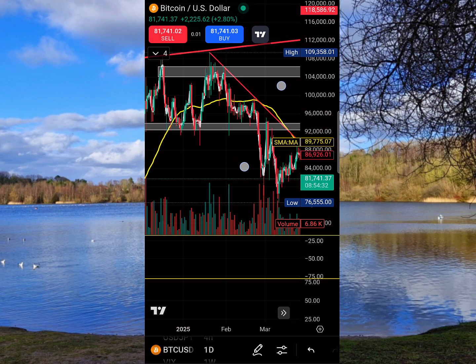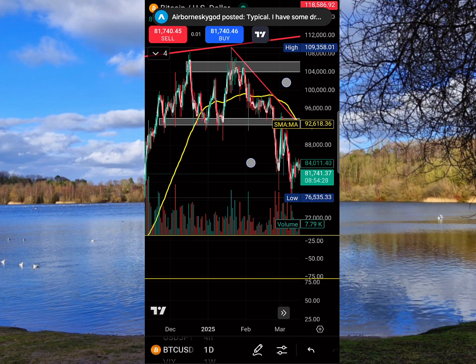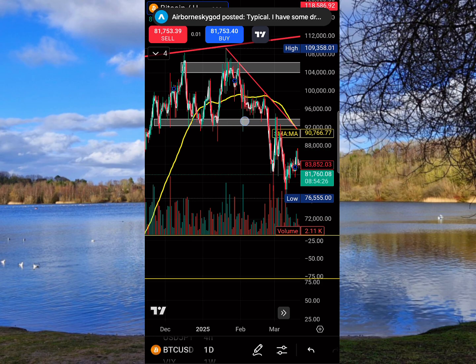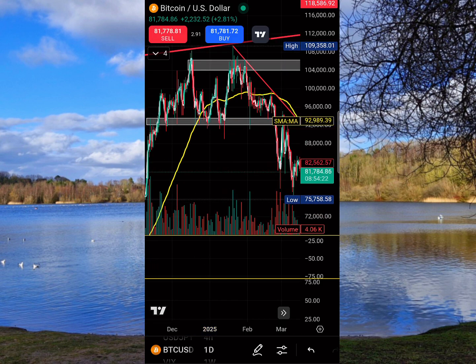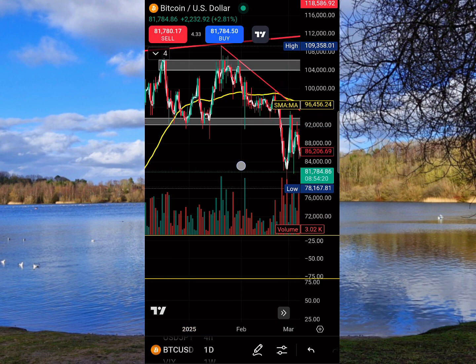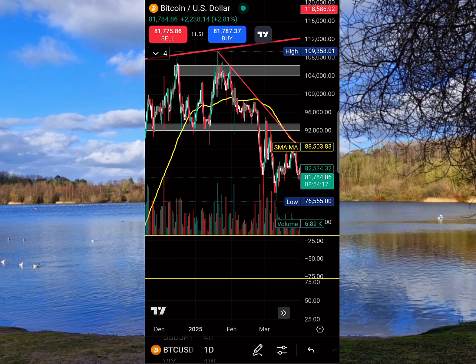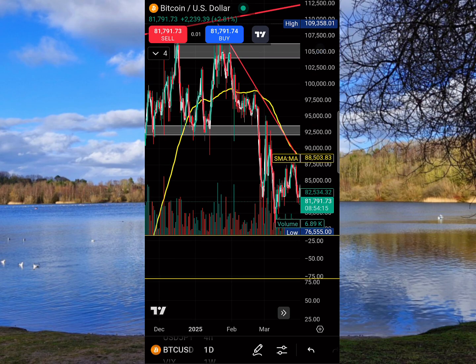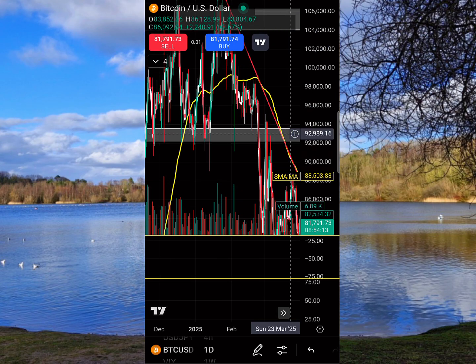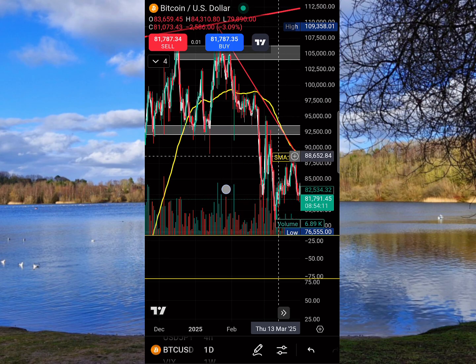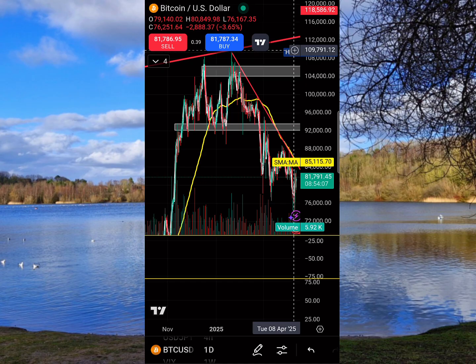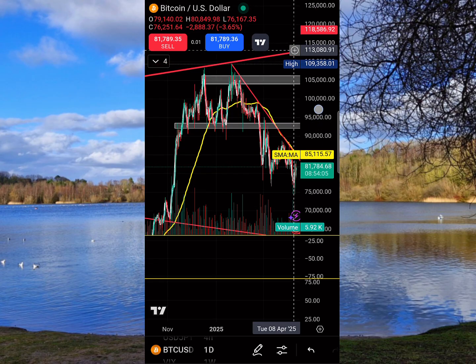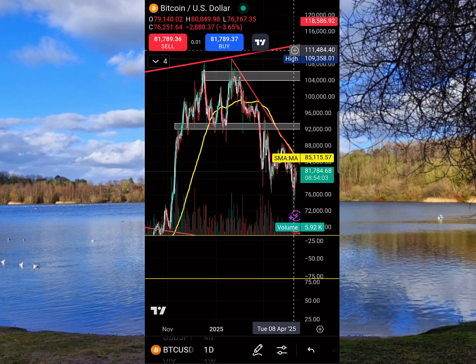I've still got support and resistance in these white rectangle boxes that you can see here. These are the support and resistance between 90 up to its all-time highs, heading beyond 100.